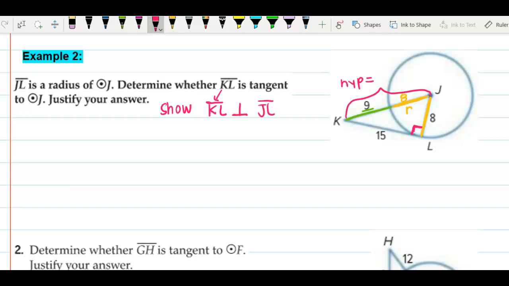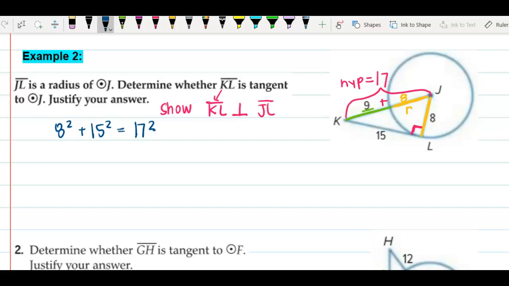So my hypotenuse, if I travel from K all the way to J, is 9 plus 8, which is 17. Then my equation would be 8 squared plus 15 squared. We're going to see if that equals 17 squared.